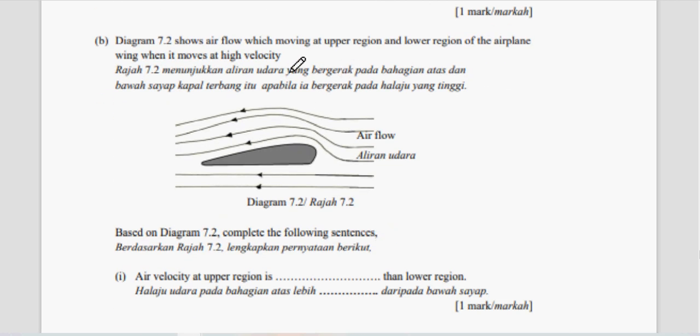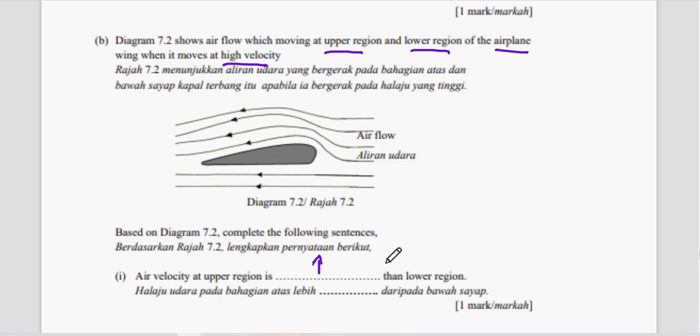Next one. The diagram shows a flow moving at the upper region and the lower region of the aeroplane when it moves at high velocity. So the velocity at upper region is greater. Make sure you don't use arrows.